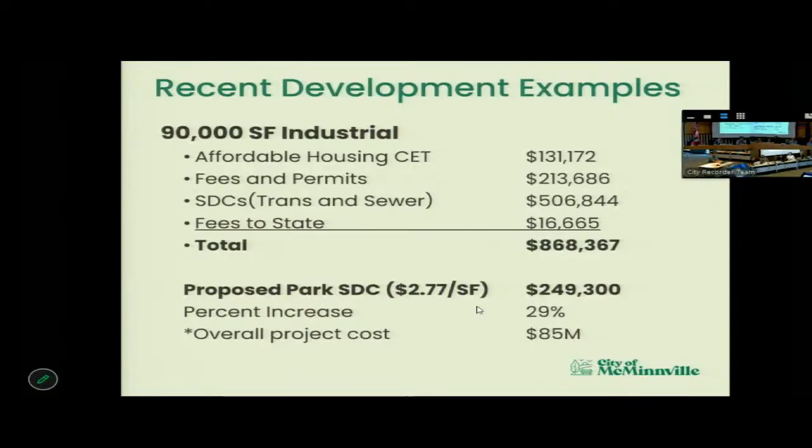And again, that's 1% just of the building permit value, so on that $85 million project, yes, because there's other costs embedded in the $85 million that aren't part of the building permit. I'm assuming equipment, land, things like that is going into that total project cost. But the building permit itself, our CET is 1% of the value of the building permit.